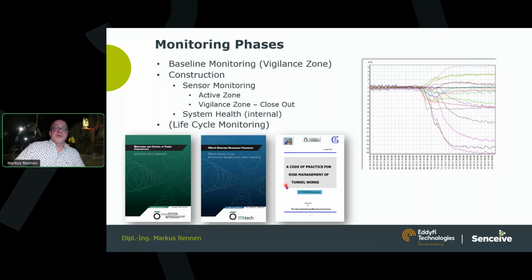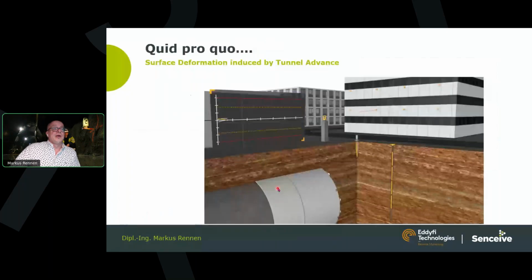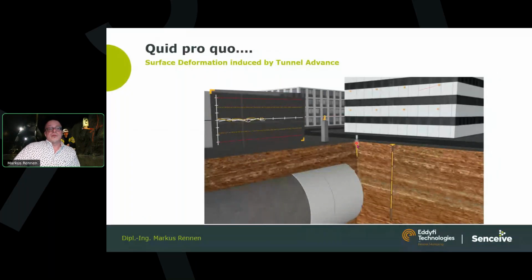There are suggested codes of practice available that recommend certain measures. So basically, during a tunnel construction, we have these kinds of phases with the advance, here in this case of a tunnel boring machine. We observe the vigilance zone, and then we install certain monitoring equipment: extensometers, inclinometers, total stations, and so on.